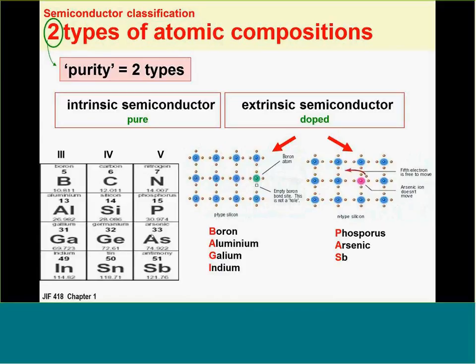But all those additional elements must be at the lattice site for us to get the beneficial part of them being the charge carriers. Okay, is there any question? Okay, no, then we move on.